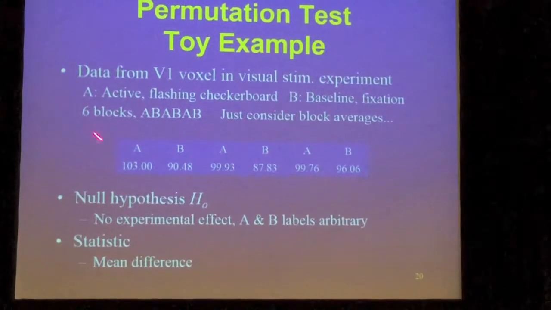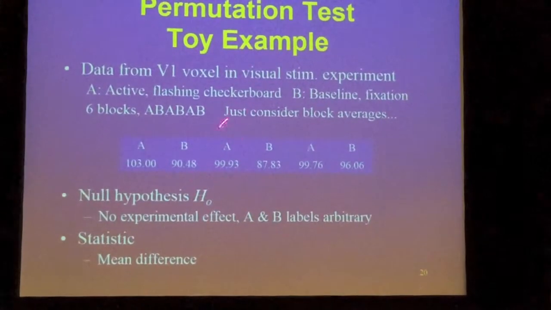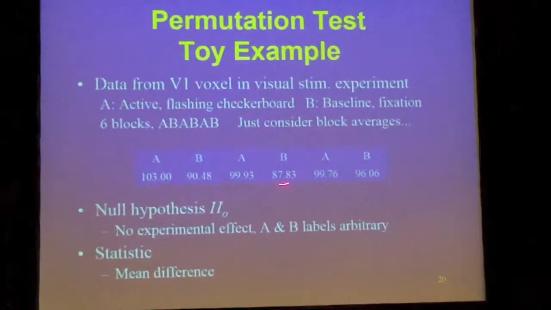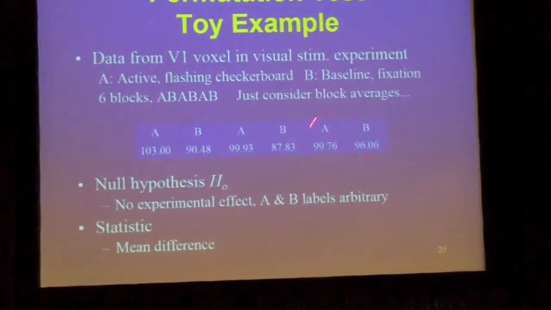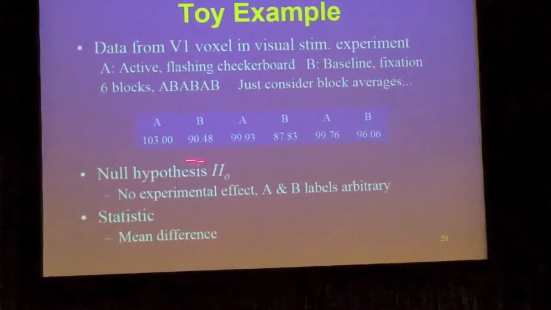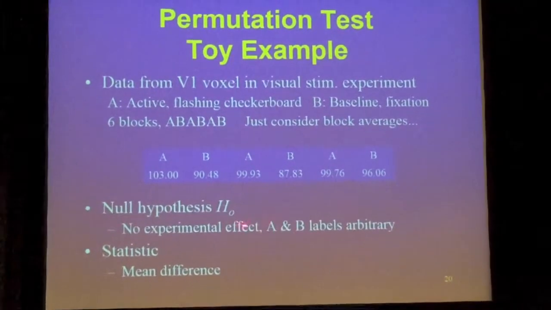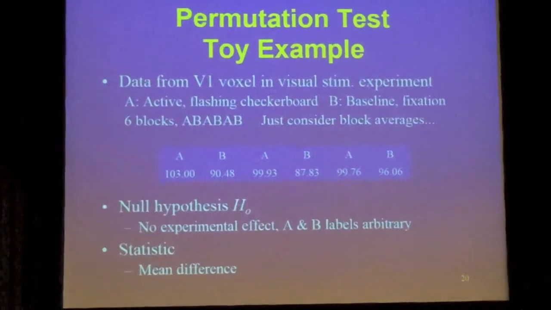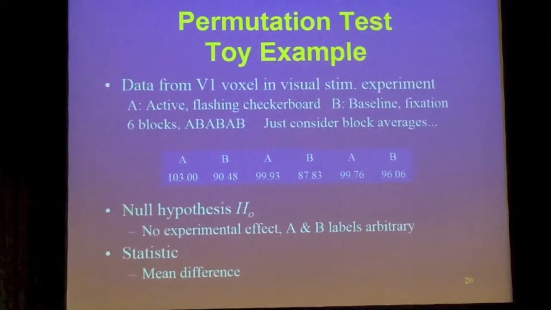We form 6 blocks of measurements, and consider the values we get for the active versus baseline conditions. While the figures are variable, the A conditions are typically higher than the B conditions. Our null hypothesis says that there is no experimental effect, and the A and B labels are therefore completely arbitrary and interchangeable. So A is equivalent to B and B is equivalent to A.